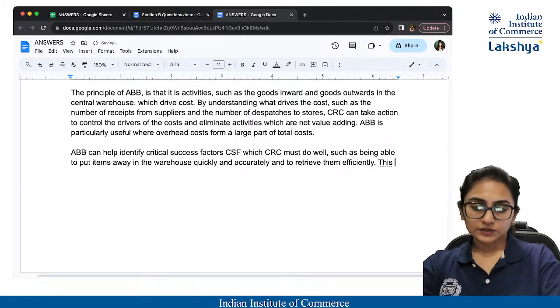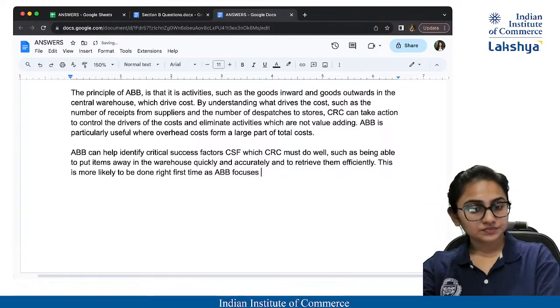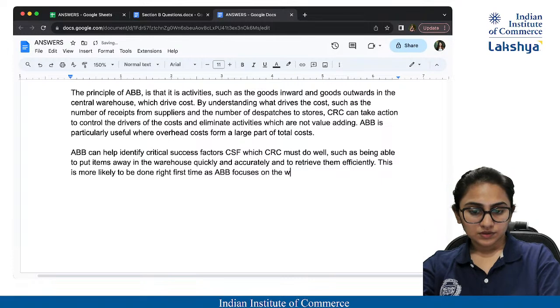This is more likely to be done right first time, as ABB focuses on the whole of an activity.